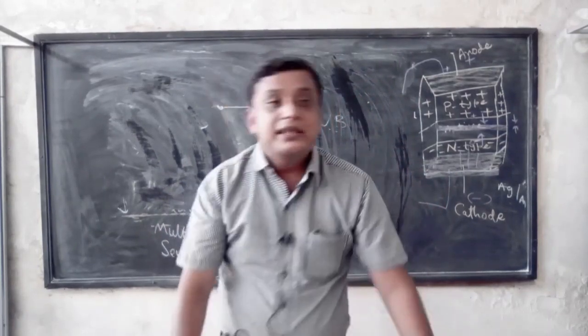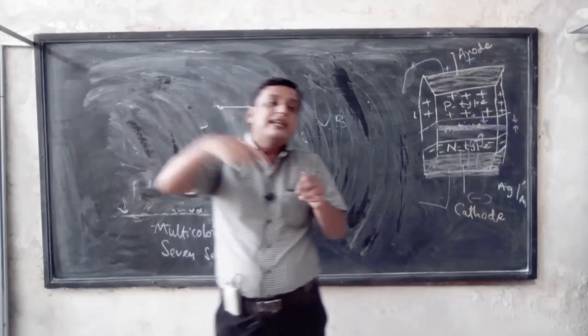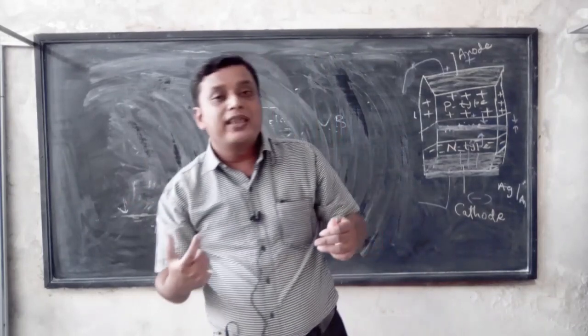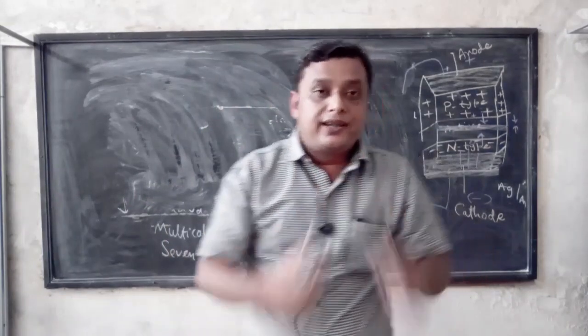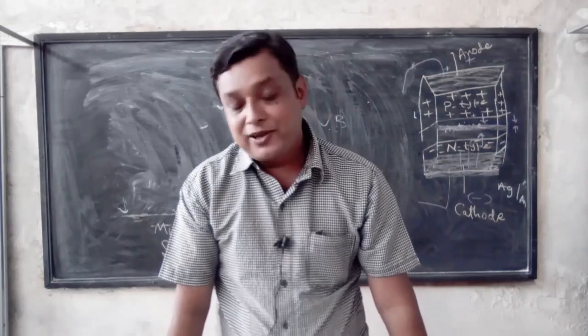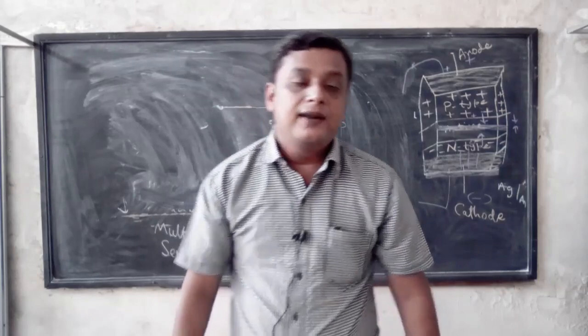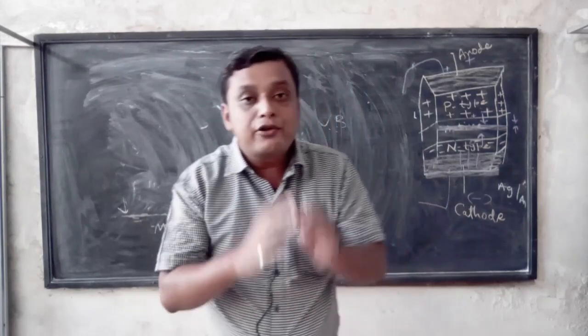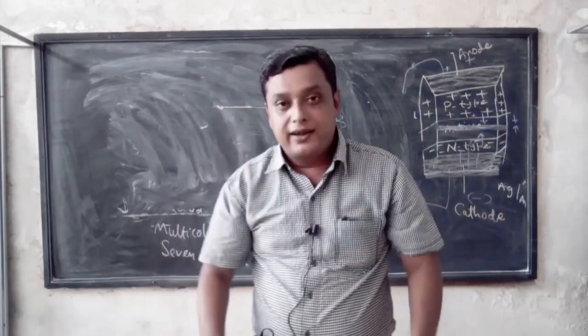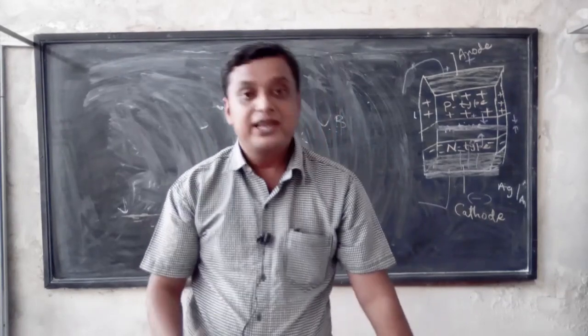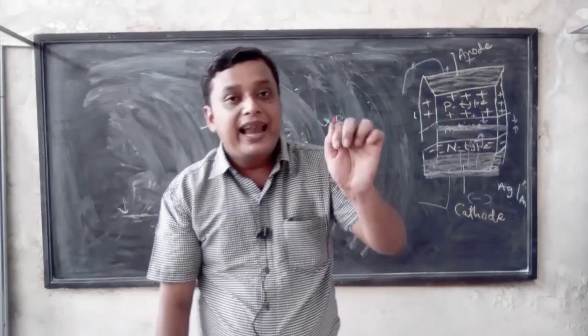Actually the color which is emitted by the LED depends on the types of impurities as well as the concentration of the impurities, which controls the color of the light produced by the LED.